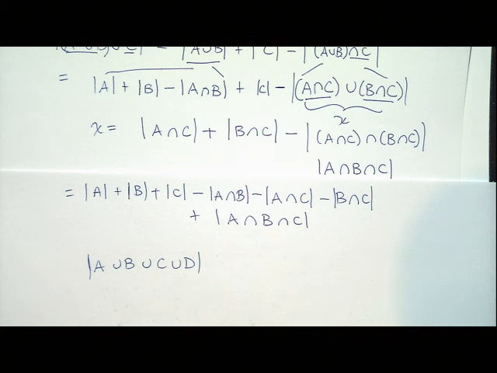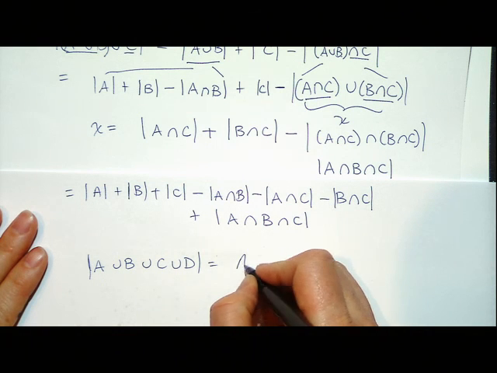We subtract the intersections of 2 sets. Then we add the intersections of 3 sets. And then we subtract the intersections of 4. Make sense? And that does work.